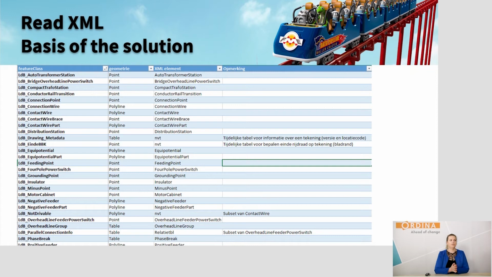Here on the left you see the feature class name within the database, the geometry type, and in the third column the XML element name. So we see basically they're the same within the database part. They have a little prefix.